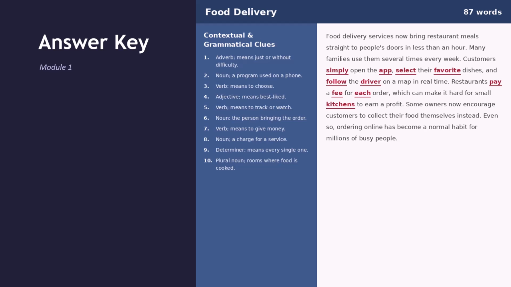All right, so here's the answer key first for the complete the words, and the correct words that you should have completed are simply, app, select, favorite, follow, driver, pay, fee, each, and kitchens.